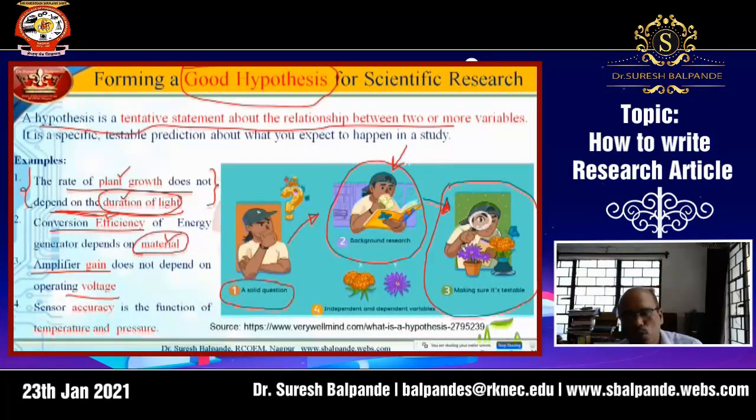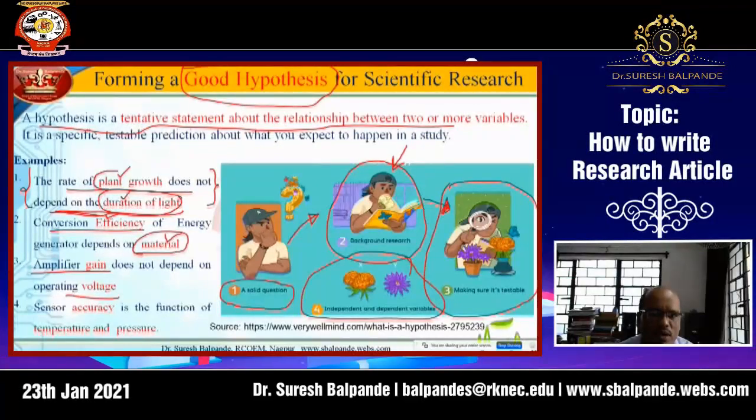And once you are through with this, the next point is to decide the dependent and independent variables, so that you can analyze the output of your work in terms of dependent and independent variables. Now, as far as this problem statement, this hypothesis is concerned, what are the dependent and independent variables?